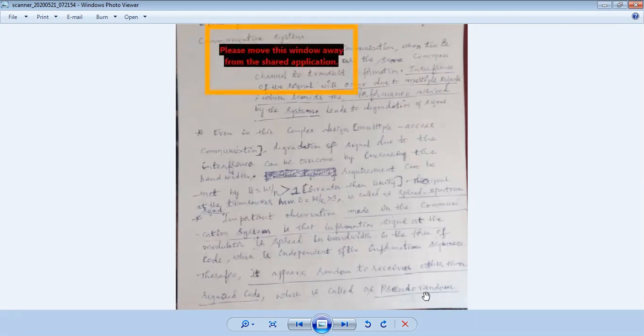Along the channel, some noises will be introduced because of so many other factors. That means unwanted information, apart from the intended, required information, is available at the receiver, which may be due to random factors expected to arise in the channel.